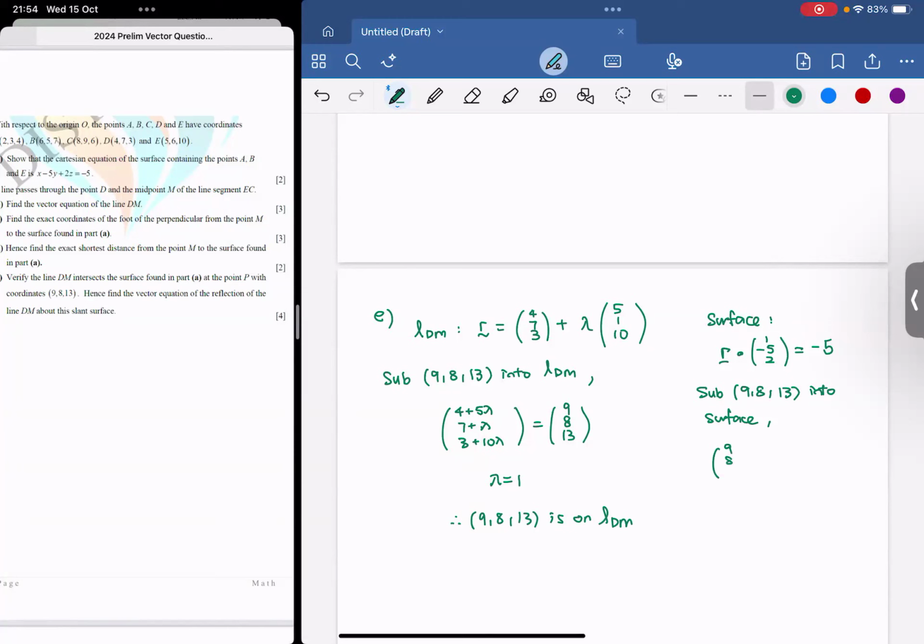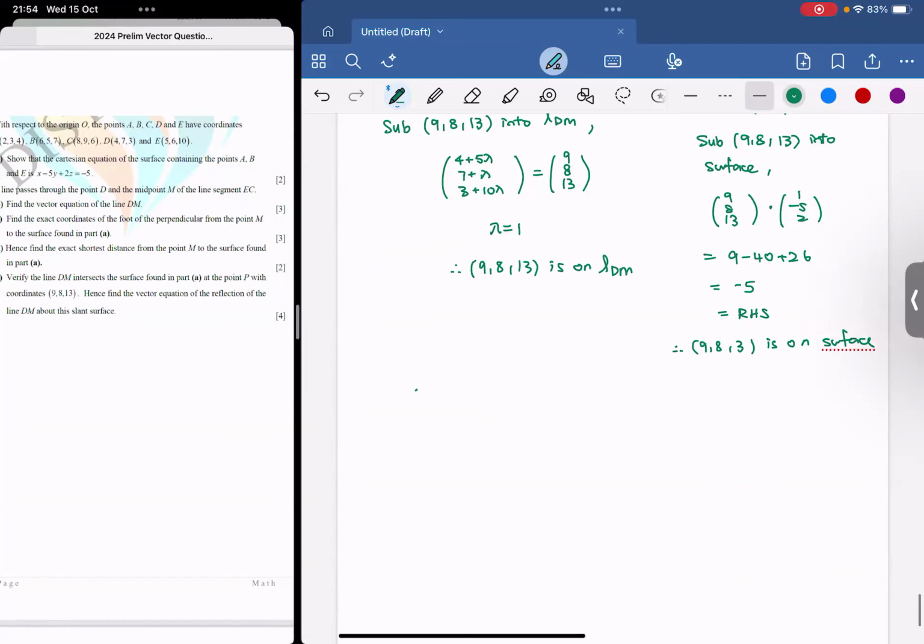Then we have (9, 8, 13) dot (1, -5, 2). This will give us 9 minus 40 plus 26 equals negative 5, equal to the right hand side. So therefore, this is on the surface. If it's on both, this will be the intersection of line DM and the surface. This answers the first part of the question.